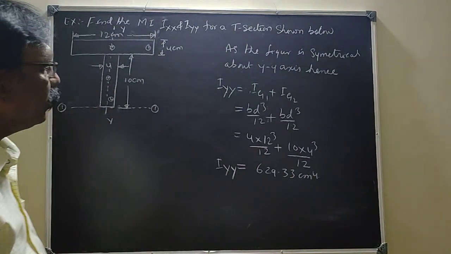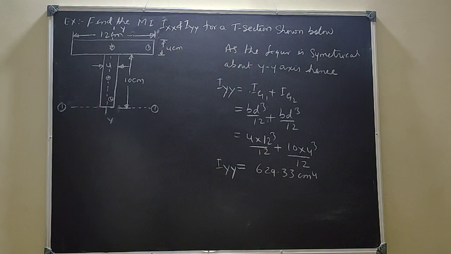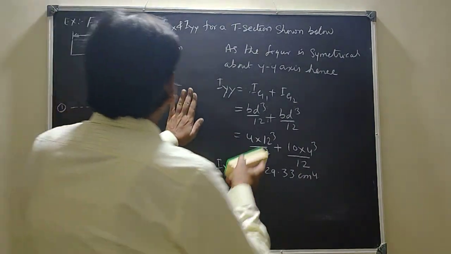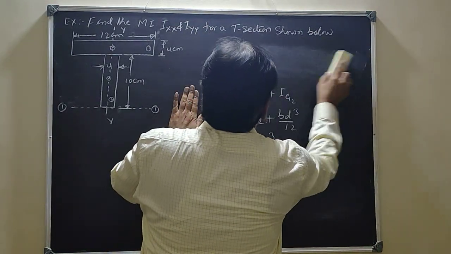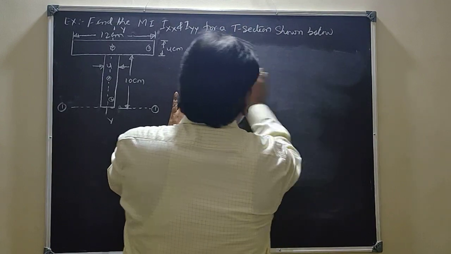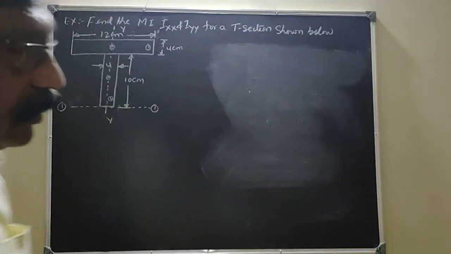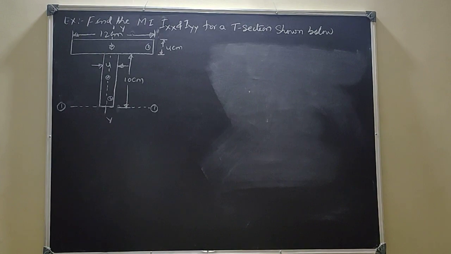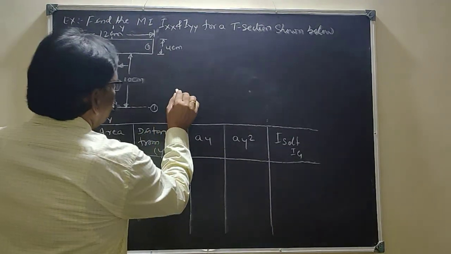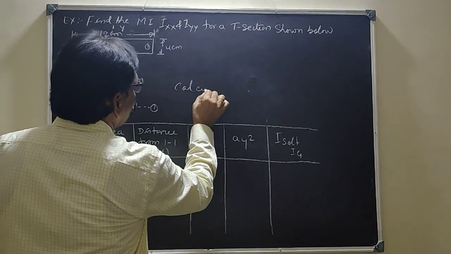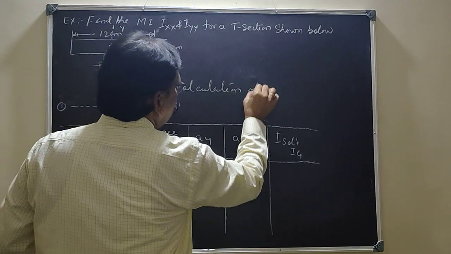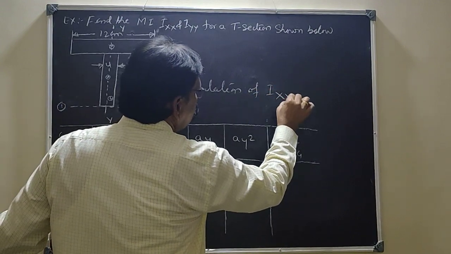Now let us calculate next the moment of inertia of this T section about the other central axis, that is the XX axis, Ixx.